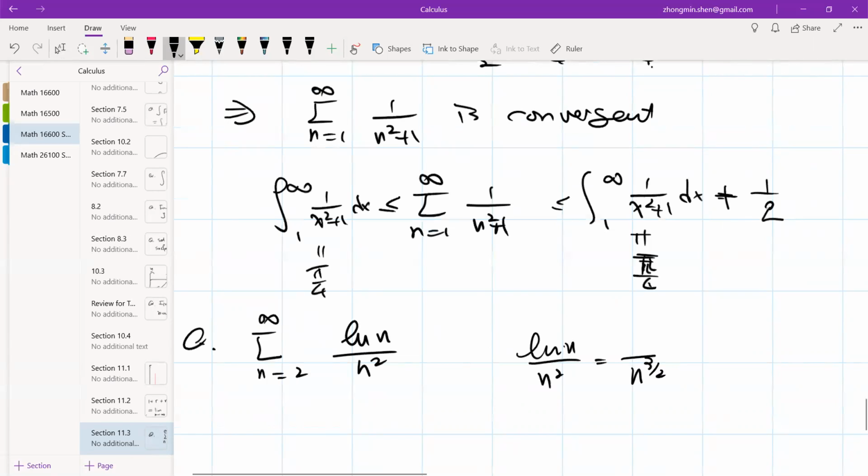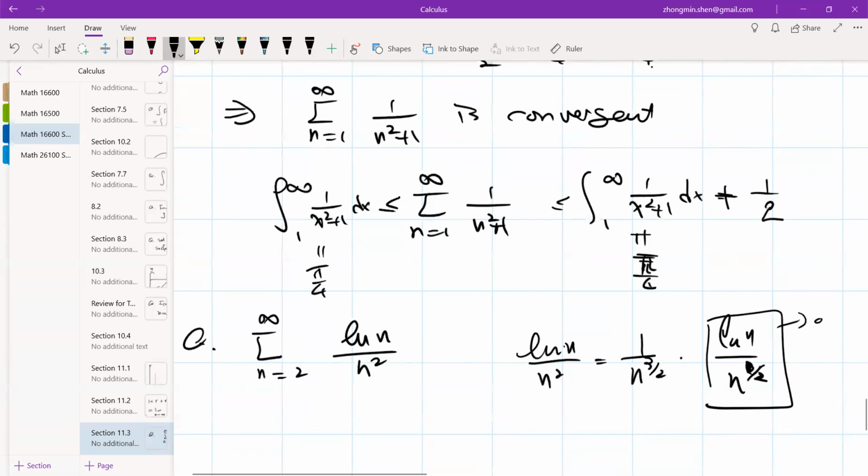separate it like that, 1 over n to the 3 over 2, times 1 over natural log of n to the 1/2, okay? But this number is getting smaller and smaller. This actually goes to 0 because the denominator is a power function with positive power, and the numerator is natural log of n.